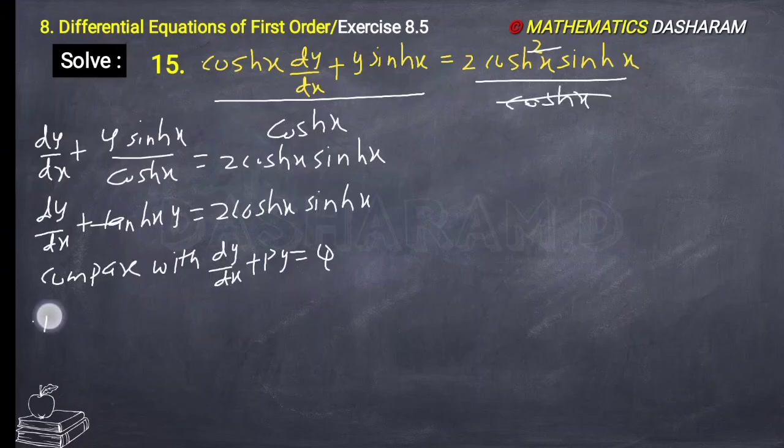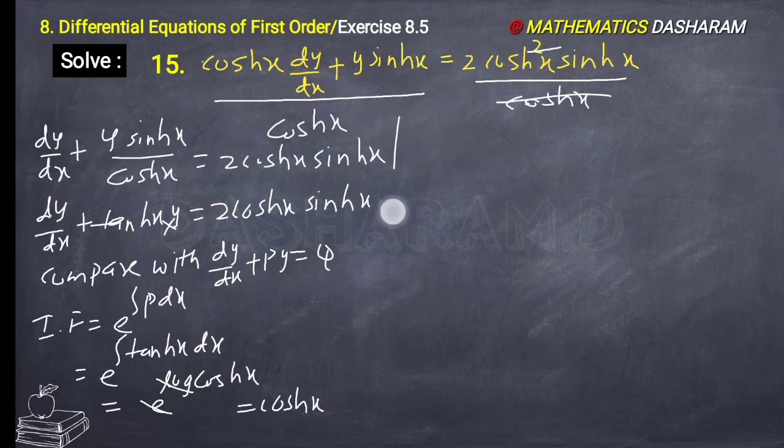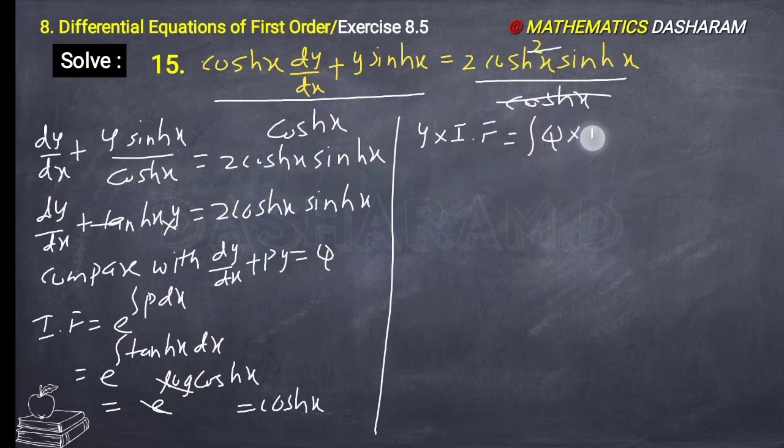Now compare with the standard form, that is dy by dx plus p into y equals q. So then the integrating factor is e to the power of integration p dx. So e to the power of integration, the p value is tan hx dx, so it equals e to the power of log cos hx. So e and log cancel, then it equals cos hx. Now the formula is y into integrating factor equals integration q into integrating factor dx plus c.